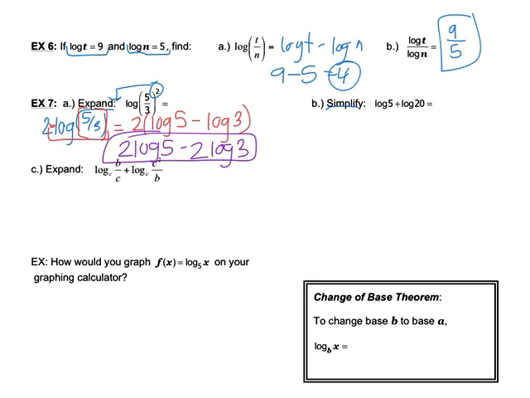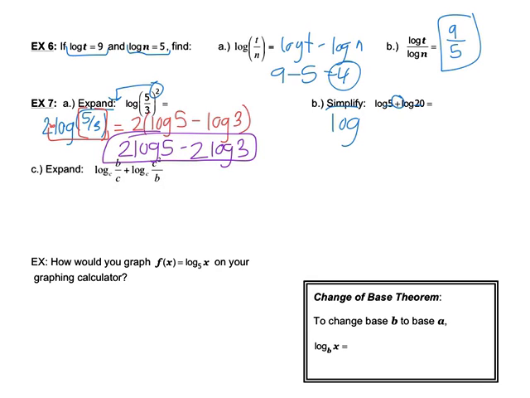So in part B, we're going to go in the opposite direction and we're going to condense or simplify it. So we've got log 5 plus log of 20. Well, we should hopefully remember we've got the same base on both of these logs and they're separated with a plus. That means we can go in the opposite direction and write that as one logarithm.